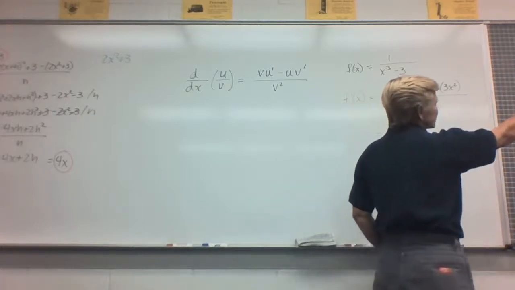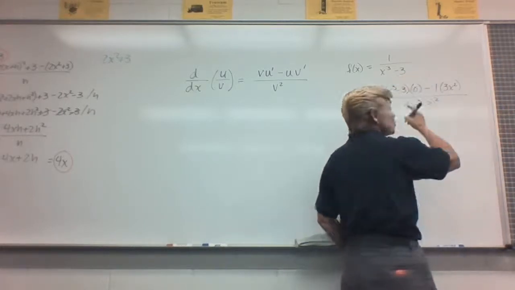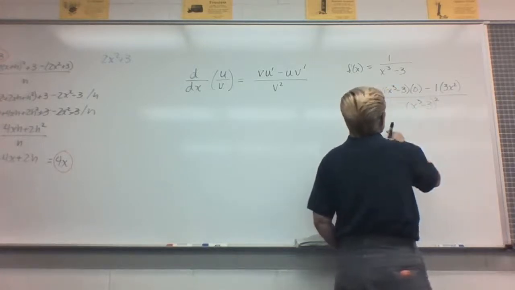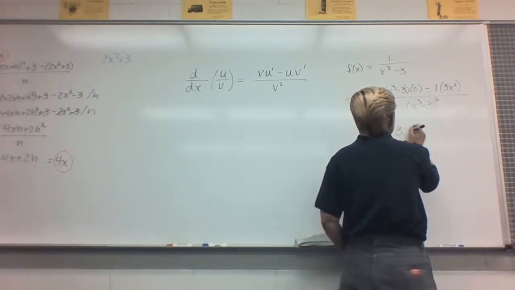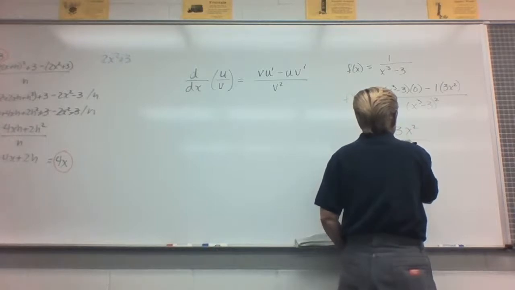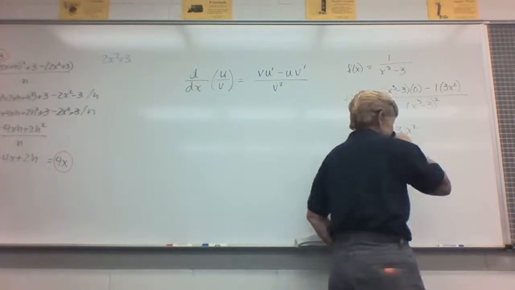That's the derivative of this one, but that's not what I intended to write down. We'll do that one too. It's going to be negative 3x squared over x cubed minus 3, squared. That's its derivative.